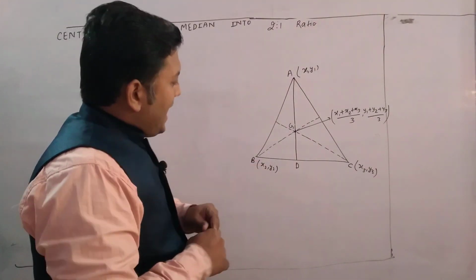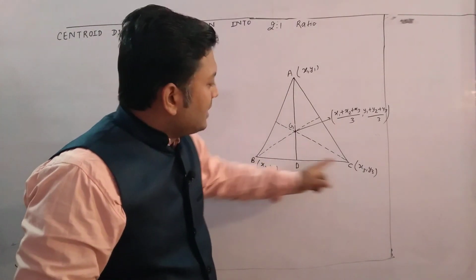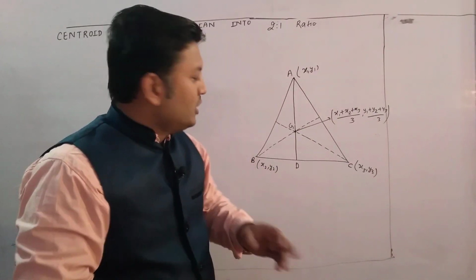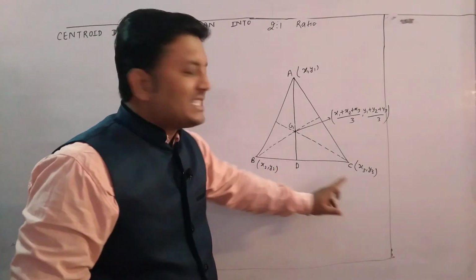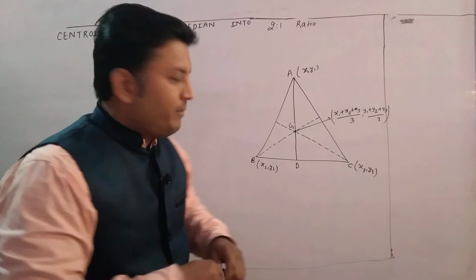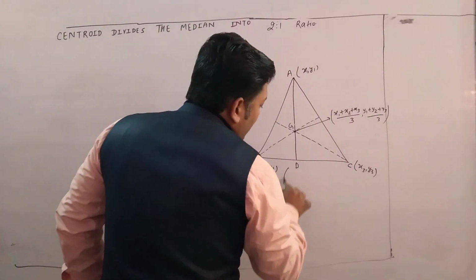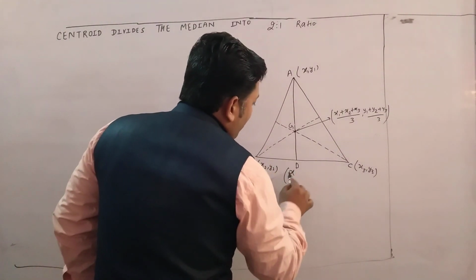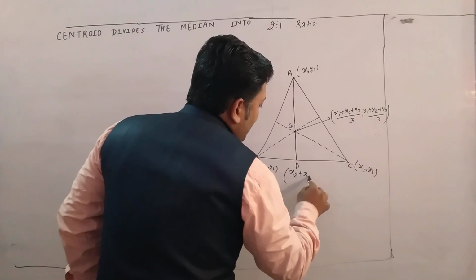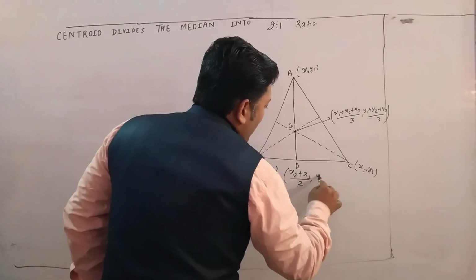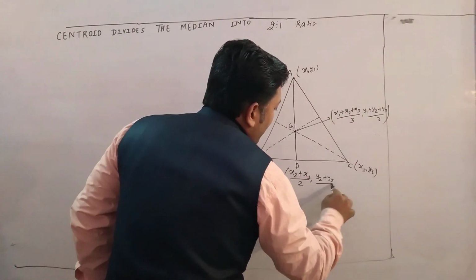And as we know that median divides the opposite side into two equal parts, so D is the midpoint of BC, and by the midpoint theorem, we can say that the coordinate of D is x2 plus x3 by 2, y2 plus y3 by 2.